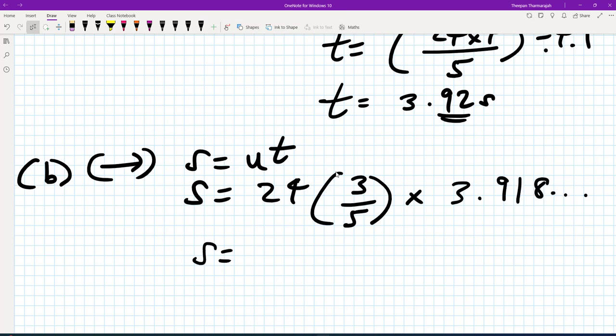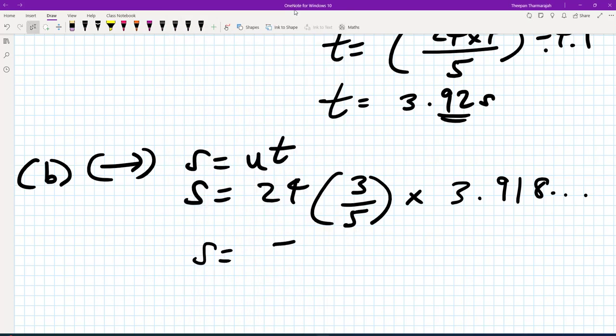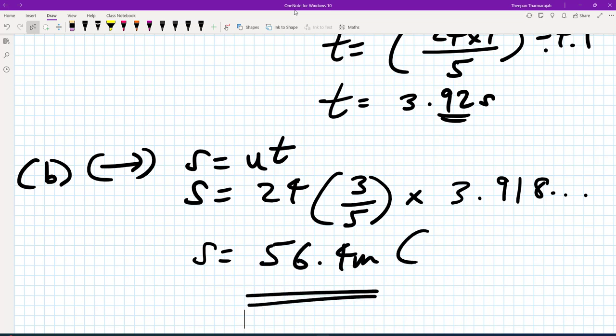And we're going to times it by 24 times 3/5. And that gives me 56.4 meters, correct to 3 significant figures.